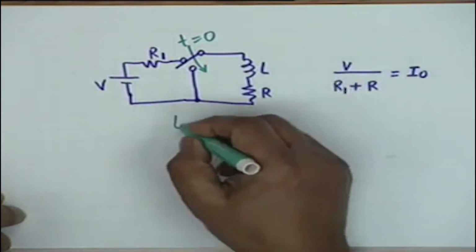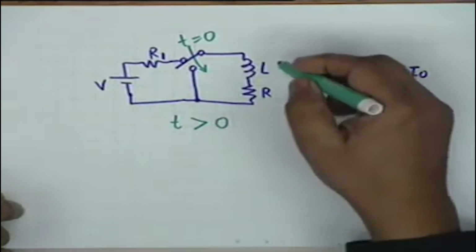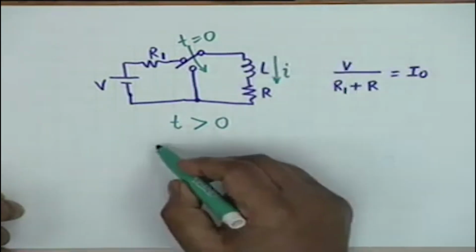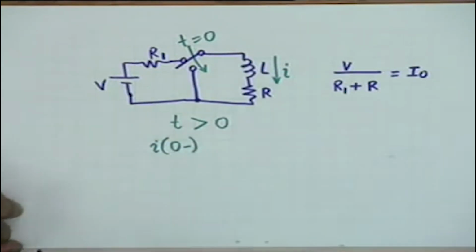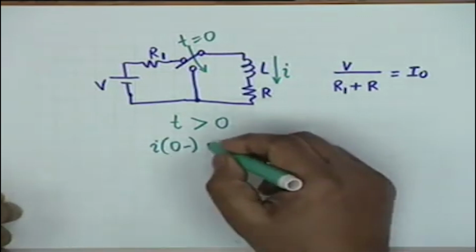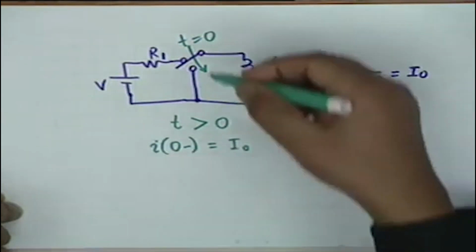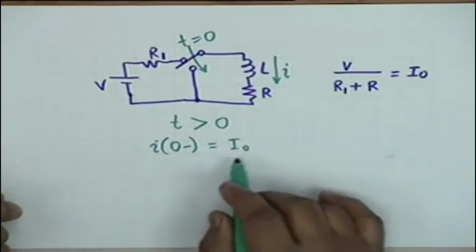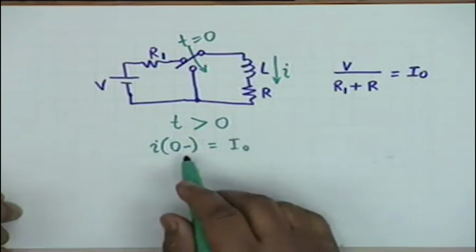That is, we are interested in the behavior of the circuit at t greater than 0. The initial condition is that if I consider this current as I, then I of 0 minus, that is just before the switch is thrown in the other position, is equal to I0. This is the significance of the minus sign here.